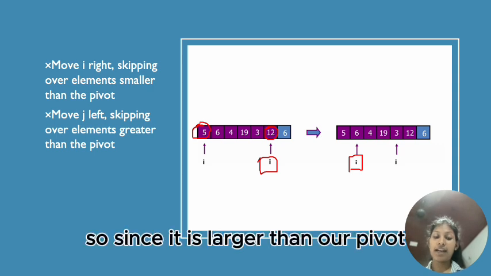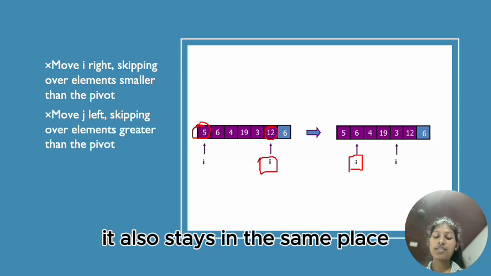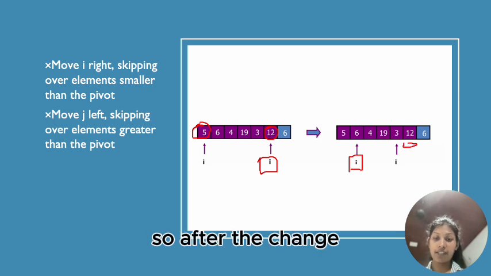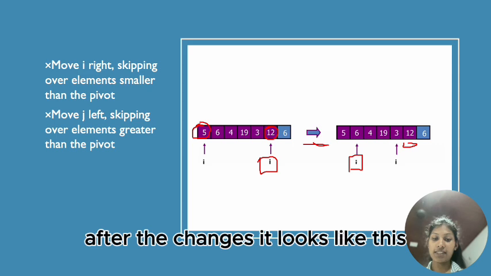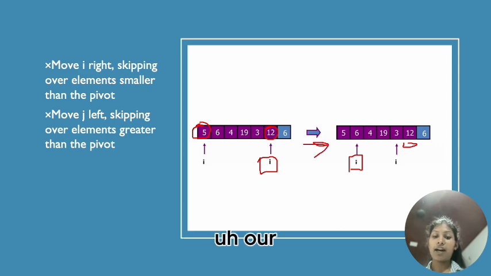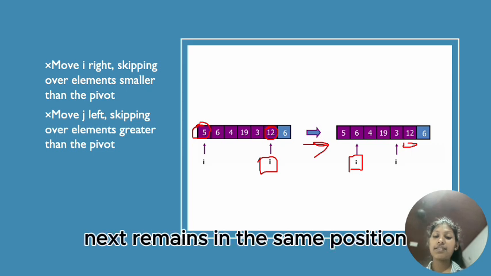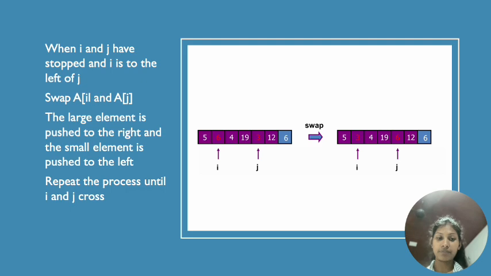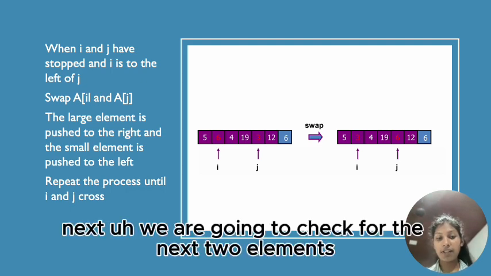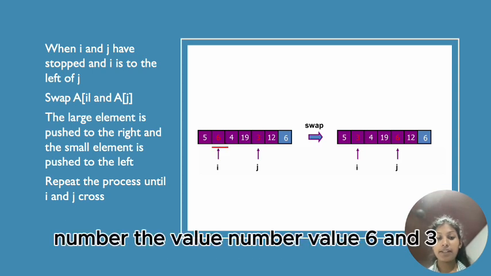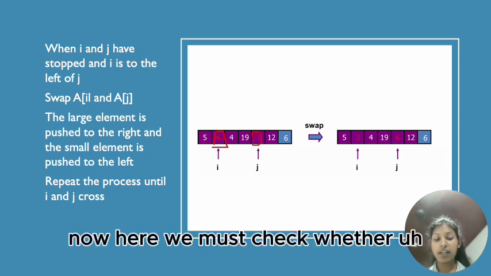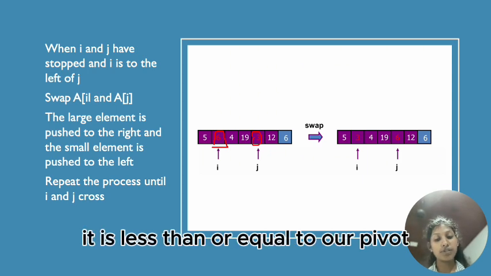Since it is larger than our pivot, it also stays in the same place. After these checks, the elements we checked first remain in the same position. Next, we are going to check the next two elements, the values 6 and 3. Here we must check whether it is less than or equal to our pivot.